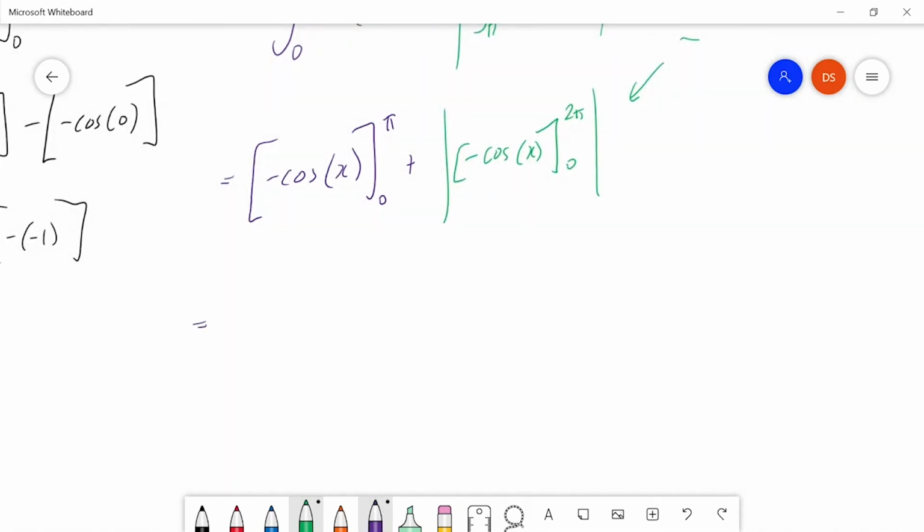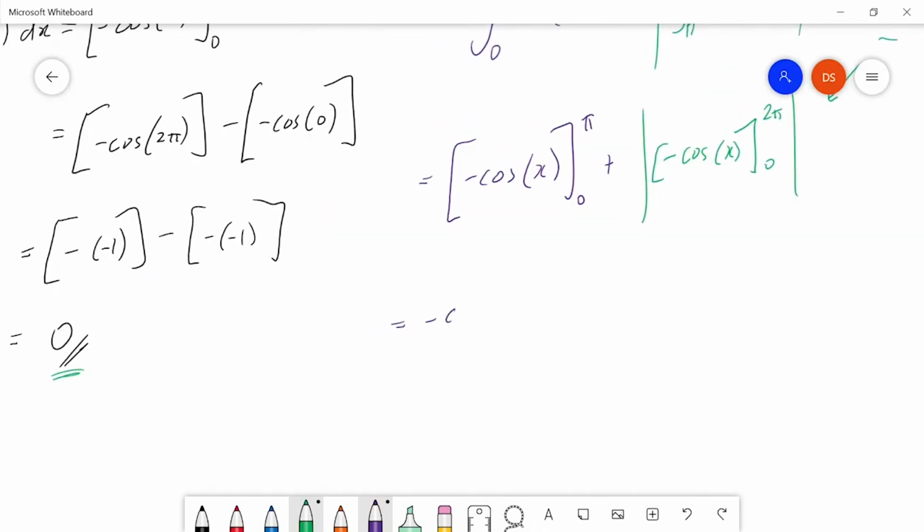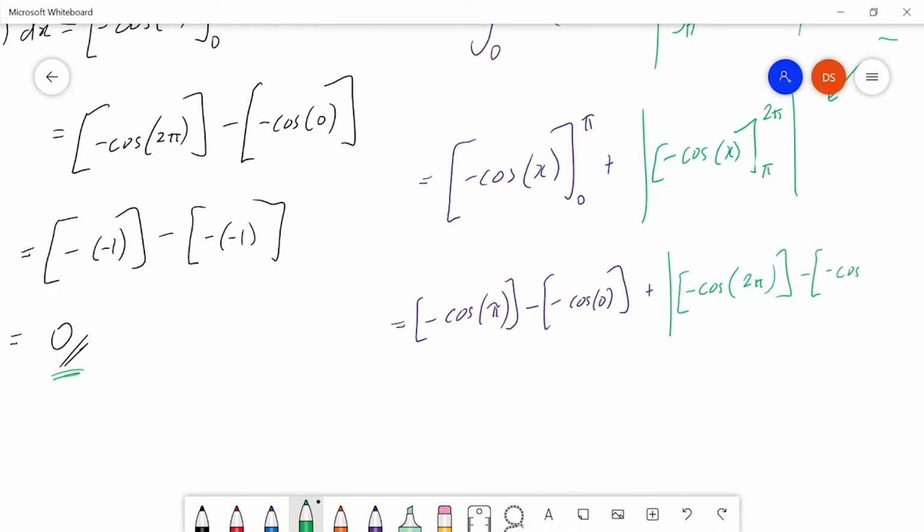So here we go. Let's substitute negative cosine of pi minus negative cosine of 0 plus the absolute value of the negative cosine of 2 pi, always plugging in the first one first, the top one first, minus negative cosine of pi, and once again absolute value.